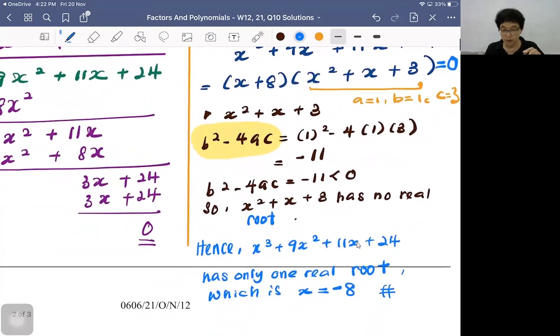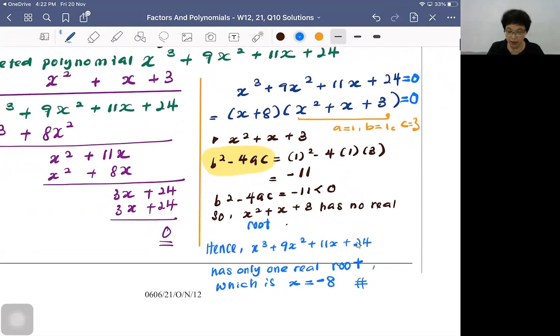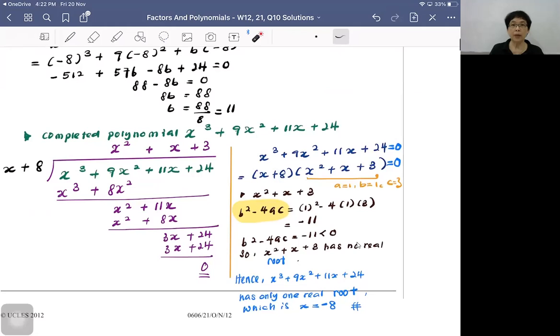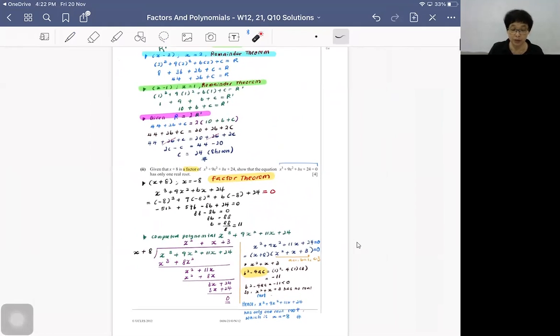Now, hence you have arrived at your evidence that the cubic expression has only one real root, which is x equals negative 8. That's the only real root that it's ever going to have for this cubic. So that's the end of the solution for this question.